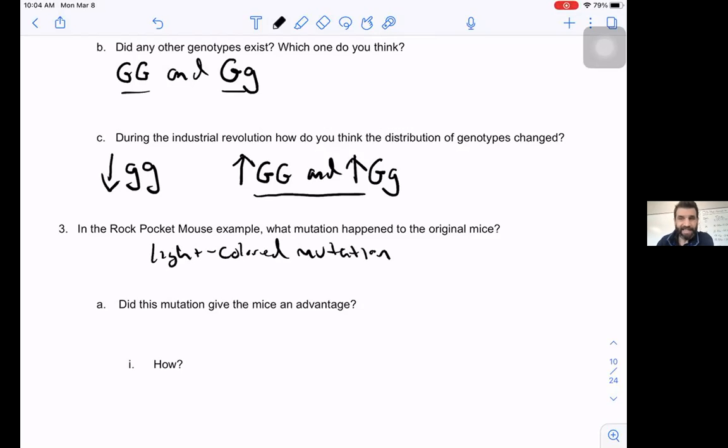And this did give them an advantage because the sand, the ground, over geologic time, had become lighter colored, more sandy colored. So it gave them an advantage, and they blended into the background.